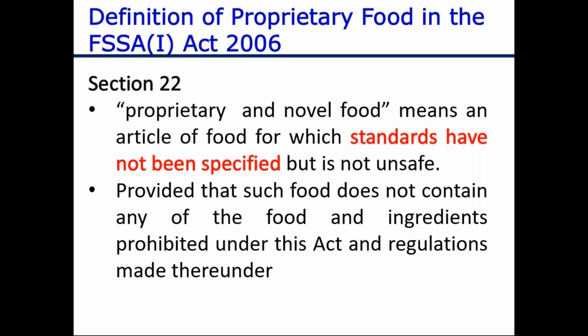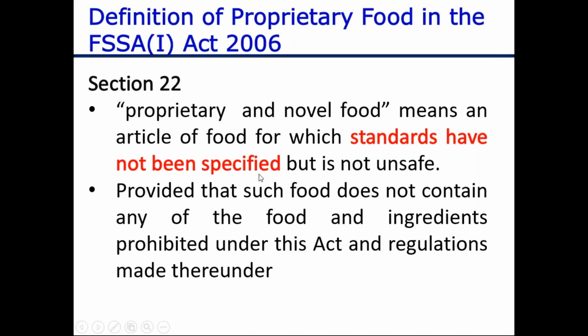Then we have, as you see there, the proprietary food, and proprietary food as per section 22 of the Act has been defined as an article of food for which standards have not been specified.